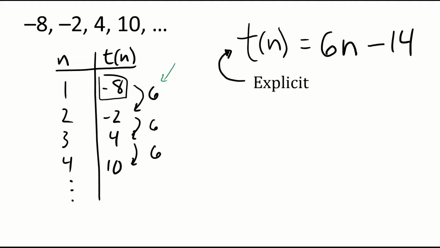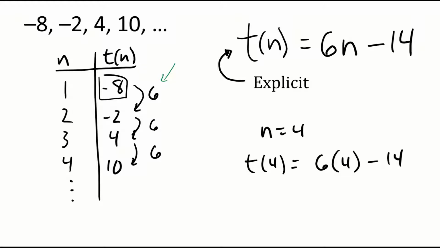The explicit equation takes as an argument the term number that you would like to know the value of. When we plug that term number into the explicit equation, it gives me exactly the value of that sequence at that point. So for example, if I was to pass an argument of n equals 4 to this explicit rule, I would see that t of 4 equals 6 times 4 minus 14. 6 times 4 is 24. 24 minus 14 is 10.